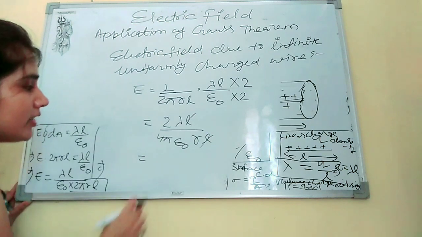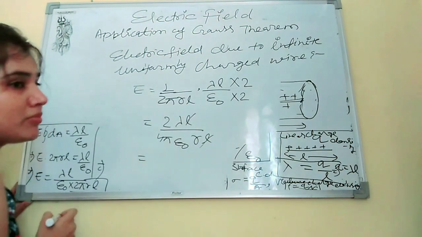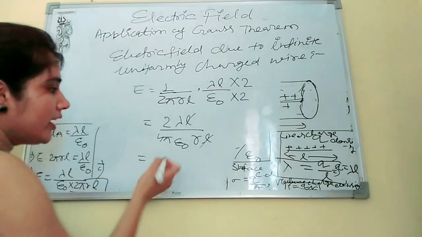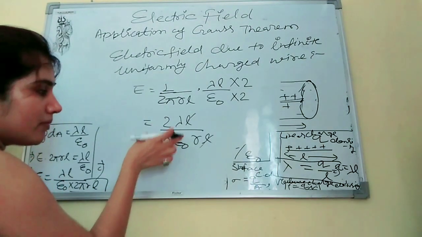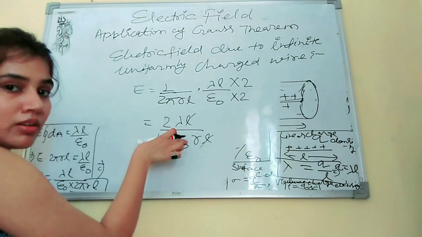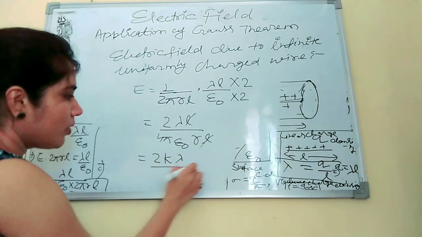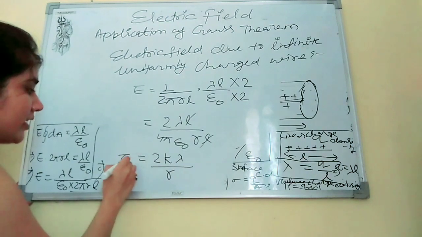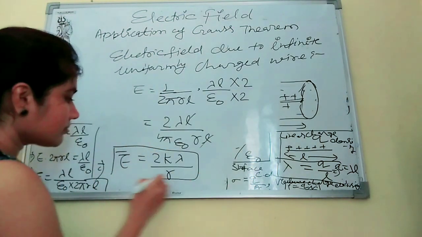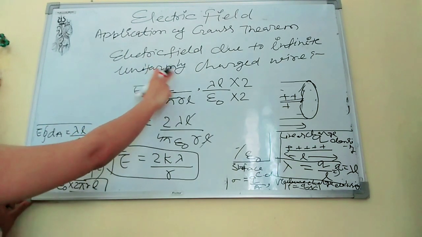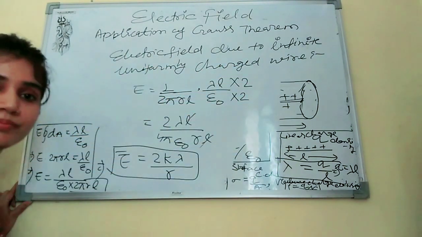Then 1 upon 4 pi epsilon naught is K, so we can put K in its place, and that will be 2K lambda upon R. That is the electric field for the infinite uniformly charged wire.